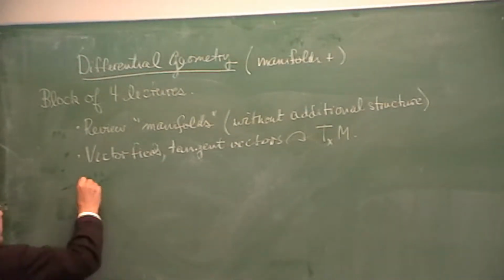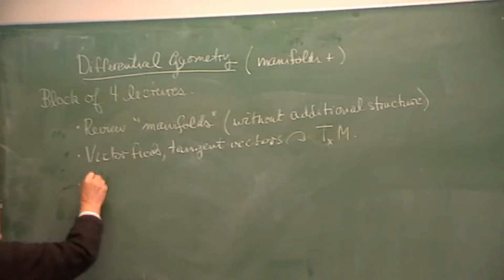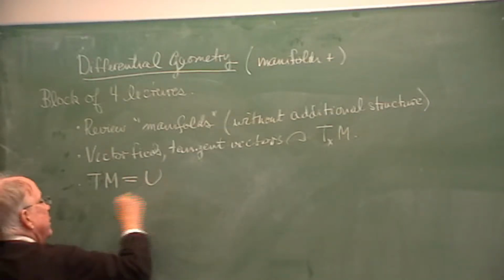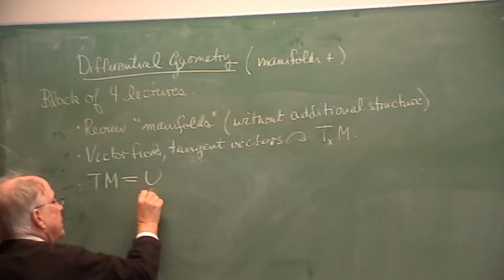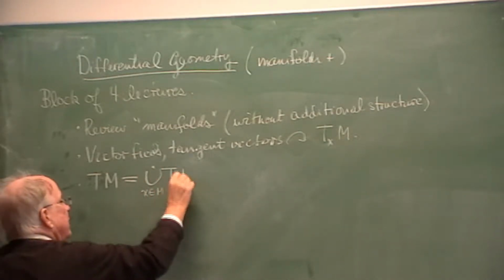And then a fundamental object of study at the beginning of just manifold theory is the tangent bundle, which is just formally the disjoint union of the tangent spaces.